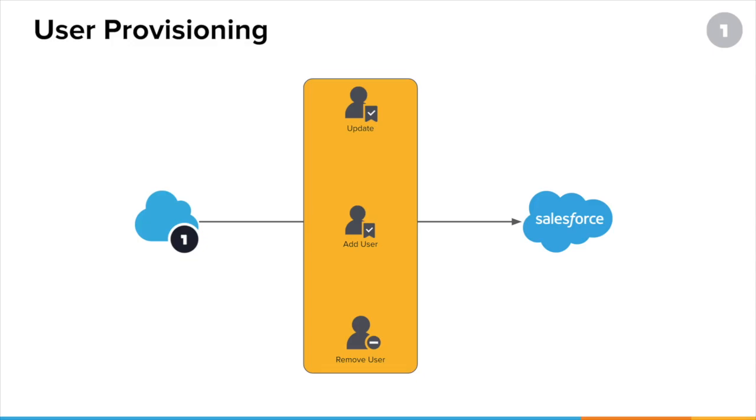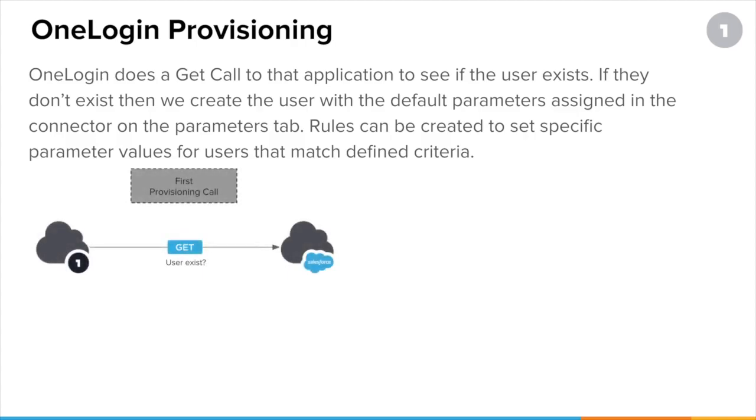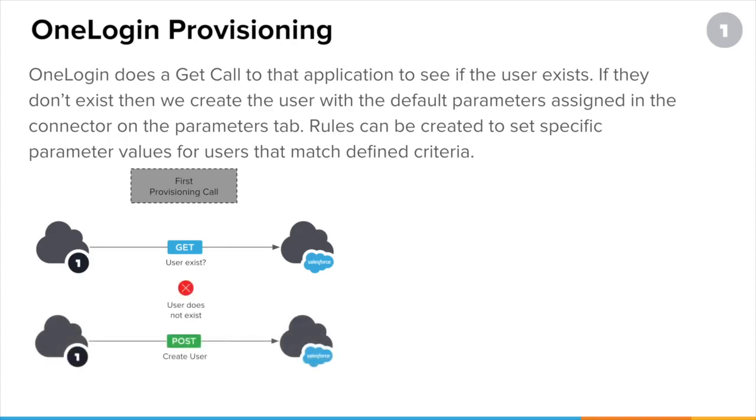User provisioning is basically the act of creating, updating, even deleting users in an application through OneLogin. OneLogin basically does a GET call to the application to see if the user exists. If they don't exist, then we're going to go and POST and create the user.